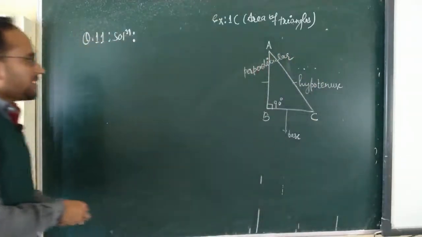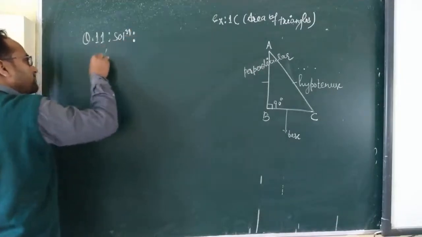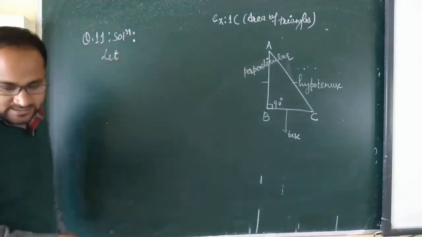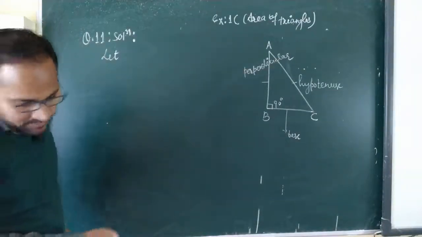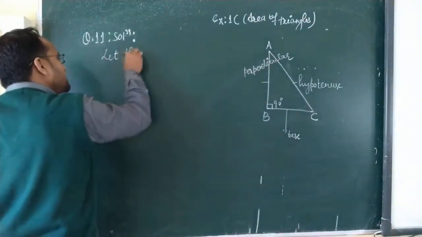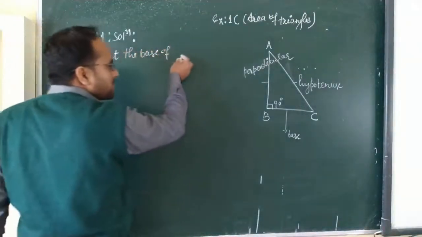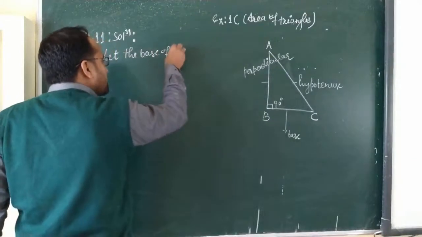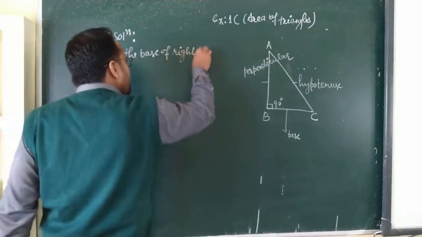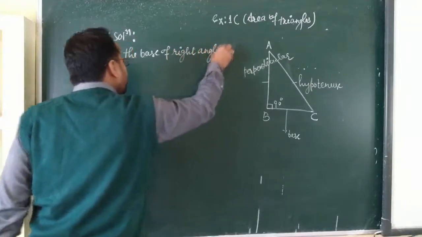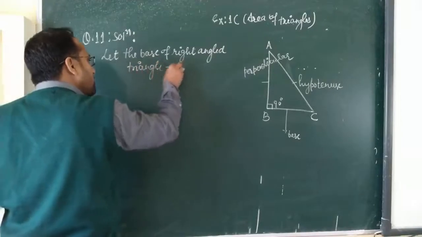Okay. So in your question, let the base of the right angle triangle be 4x.